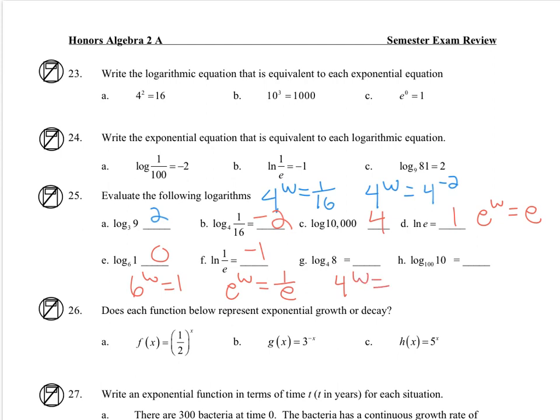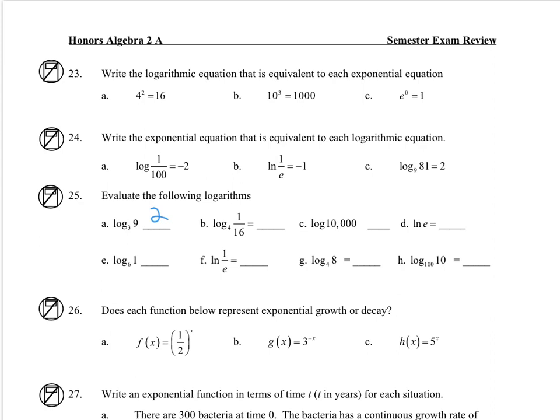G is 4 to what power is 8? So for the 4 and 8, if I can make those bases the same, I will get my answer. So let's see, 4 and 8 can both be a base of 2. So now I can set my exponents equal and isolate the w. So that is 3 over 2.